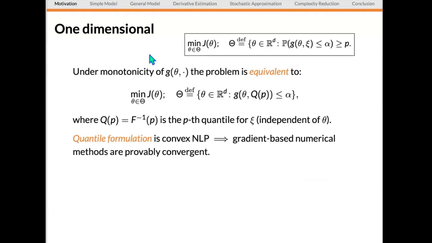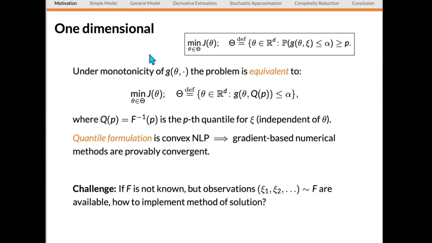So this becomes deterministic. This is no longer stochastic. In that case, we proved that the quantile formulation is a convex nonlinear program. Actually, I proved it for the Arrow-Hurwitz algorithm and also penalty functions. And today we're going to see also projection methods. So it actually does work very well for all of those methods, and these are provably convergent. We've already done that, so that's known.